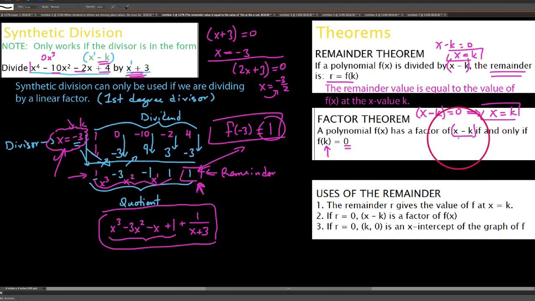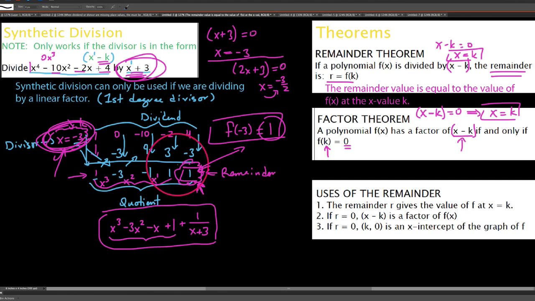So the thing I want to point out here is this: this can only be a factor if, when you divide it, it leaves a remainder of 0. At the same time, if that is a factor, then x equals k must give us a y value of 0 when we plug it in. The beautiful thing about the remainder is it tells you two things. One, it tells you if you got a remainder or not. And if you didn't get a remainder, that means this must have been a 0, and if that's a 0, then this would have been a factor.